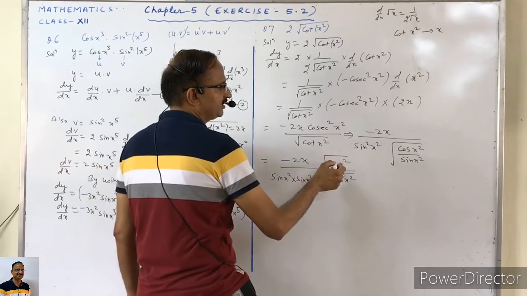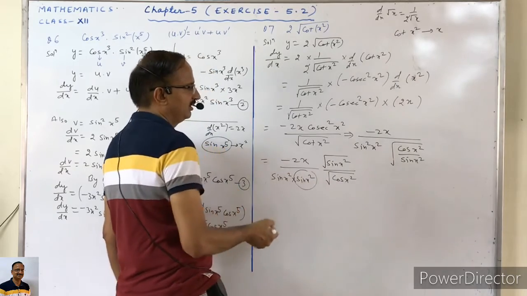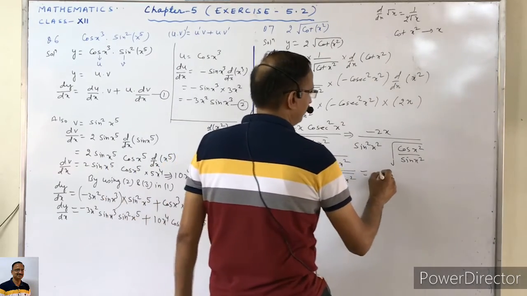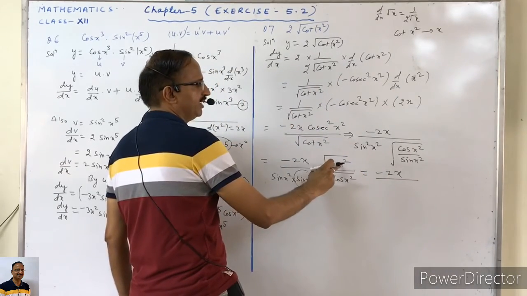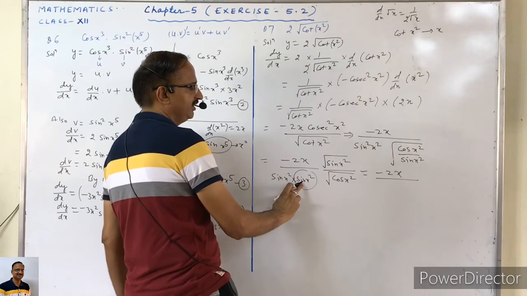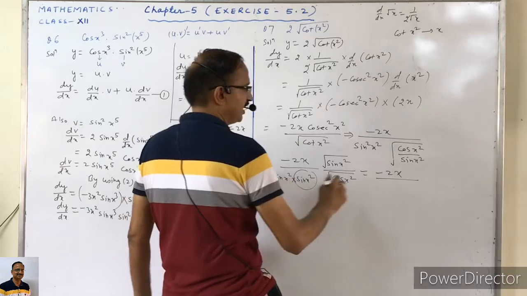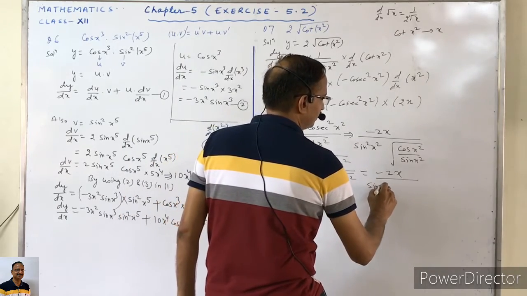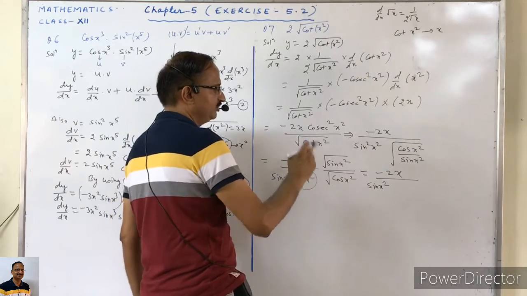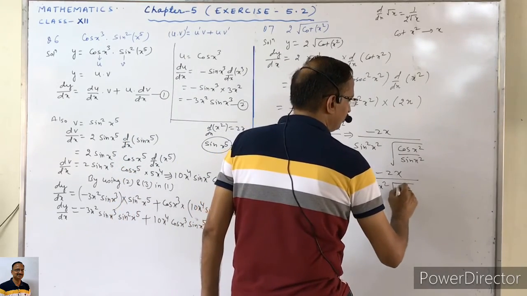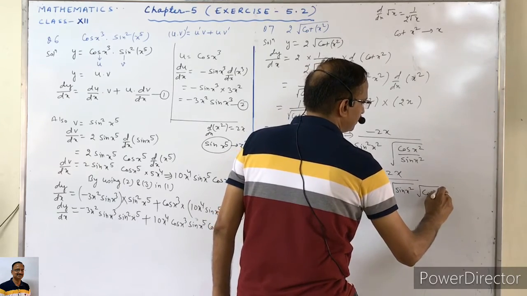Now with this root sine x square and this, we can write minus 2x, this root sine x square cancels with one of the root sine x square. So this sine x square is as it is, and when we simplify these two, we can write root sine x square, and this is root cos x square.